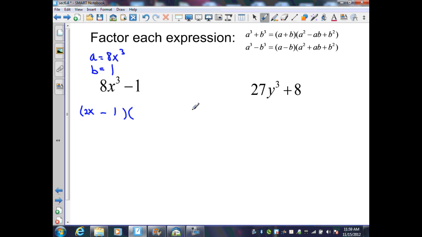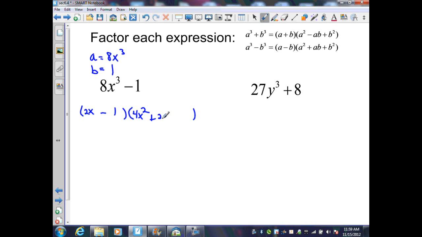Now I set up my trinomial, and I need A squared. A squared is going to give me 4x squared. There will be a plus sign, and that will be A times B. Ignore the minus sign. A is 2x, B is 1.